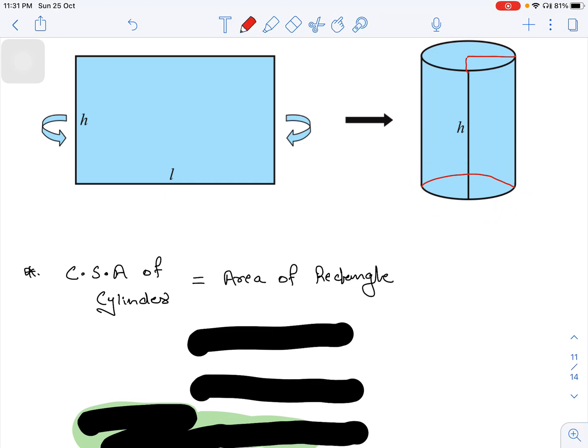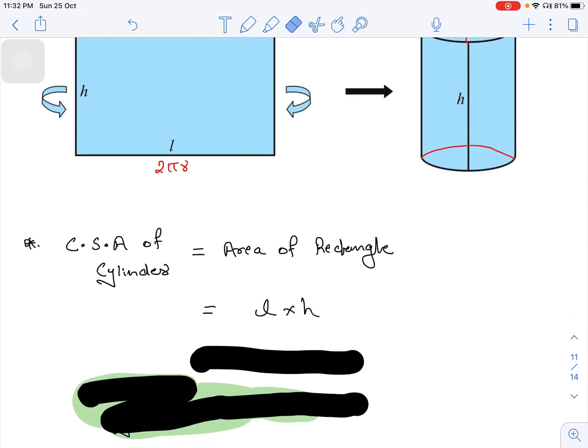In other words, this length is nothing but the circumference of a circle, which is given by 2 pi r. And the breadth will become its height. So the area of rectangle is length into height. Now this length becomes the circumference of a circle, 2 pi r, so in the next step you get 2 pi r into h as it is.